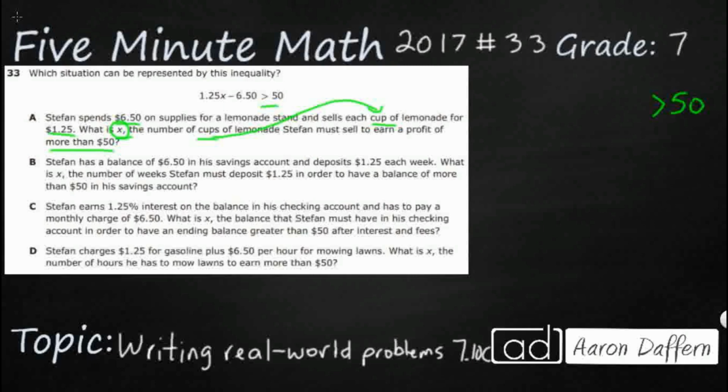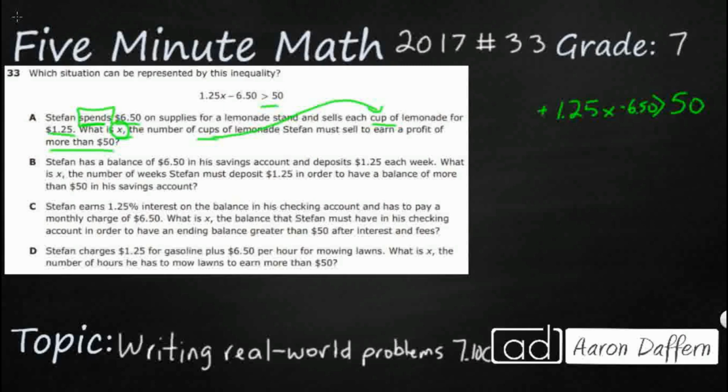But I'm going to go ahead and just put this 1.25x right there. So I'm gaining money here. Every time I sell something, I'm gaining money, $1.25. But if I'm spending $6.50 on supplies, right? So I have to at least get 5 of these lemonade cups to sell before I even make money, right?